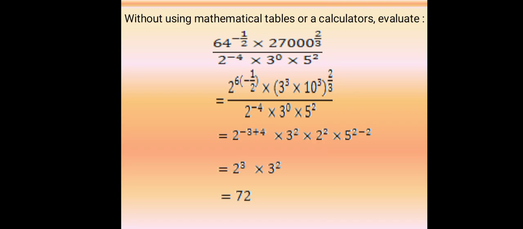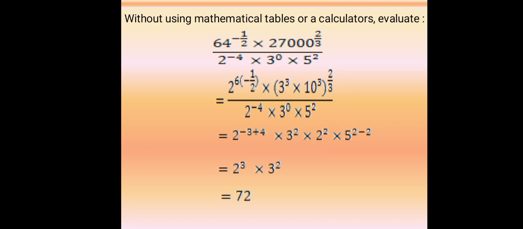So you can see now the second equation depicts the scenario so that we have 2 to the power of negative 3 plus 4 multiplied by 3 squared, the one we got from 27,000.